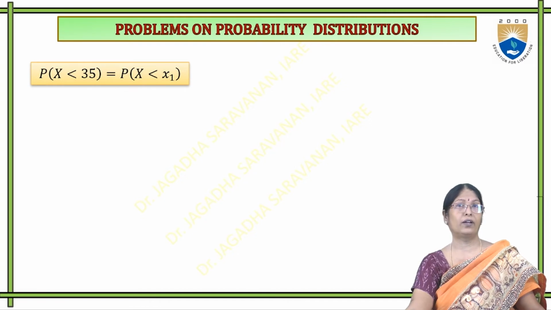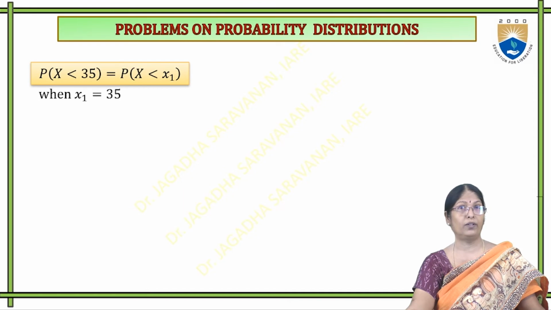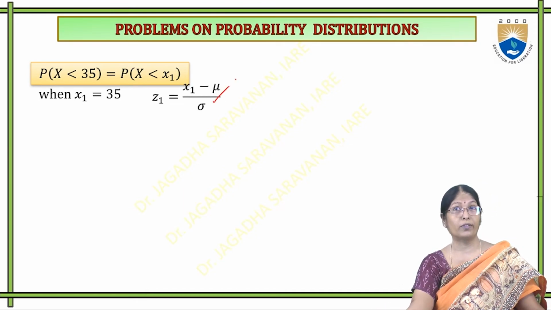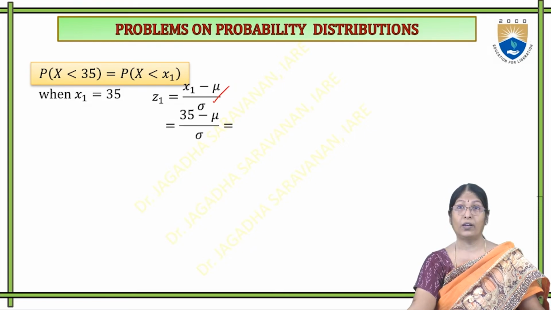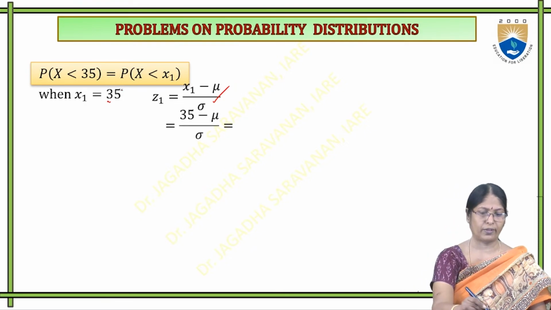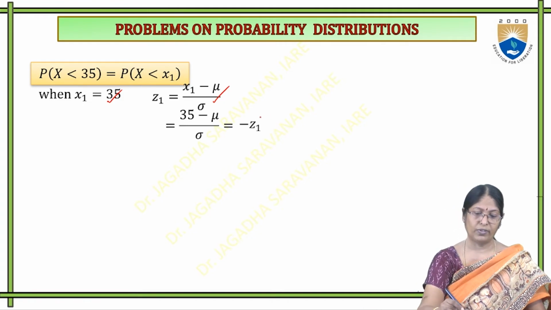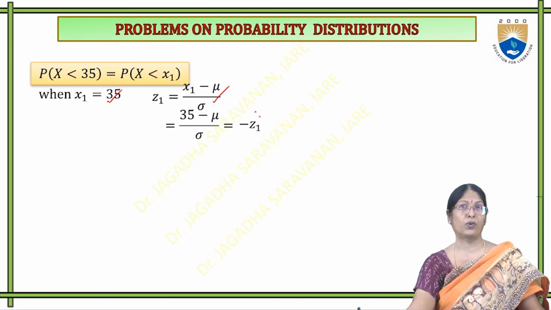So when x is less than 35, the 35 we are giving the name x1. So this is the scale, (x1 minus mu) by sigma. 35 is our question, x. Mu and sigma we don't know in this particular problem, so we just write z1.